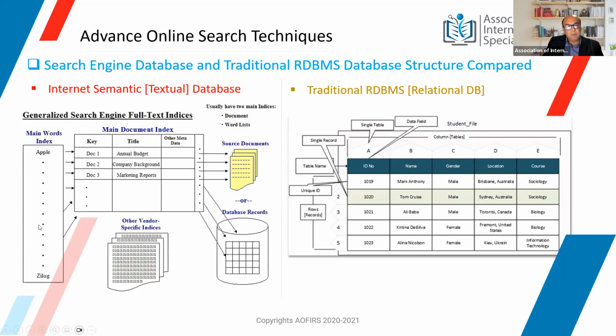Now that is running parallel, running at the same time, meaning that when we actually start to look at the algorithms of how the search engine is looking for matching words, it actually has at least 200 plus algorithms running at the same time.